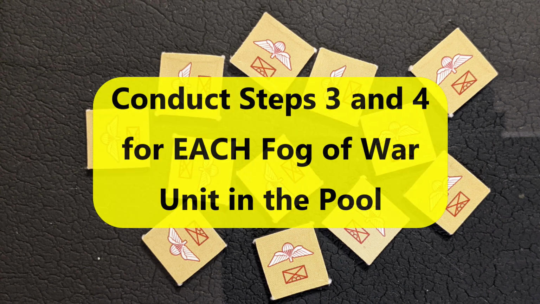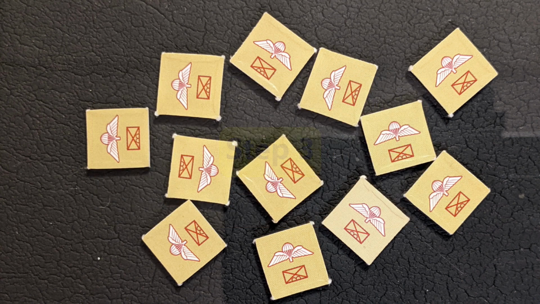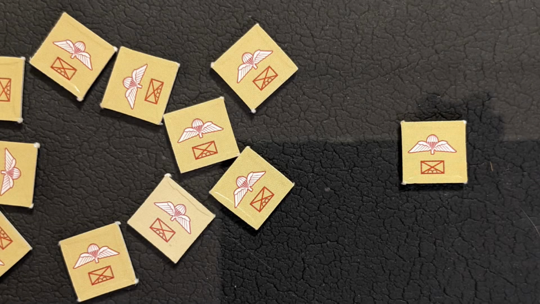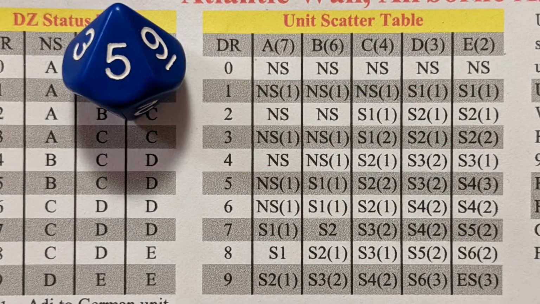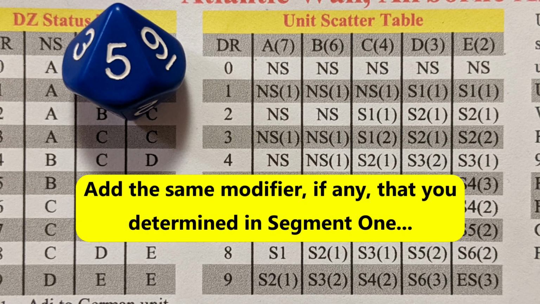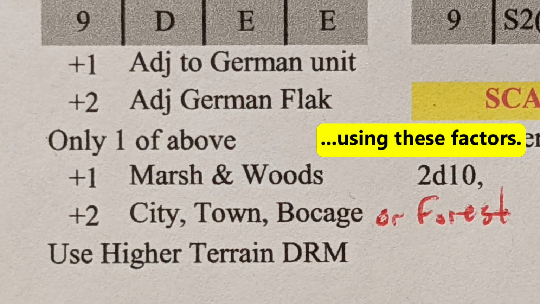Good. Next, you'll conduct steps 3 and 4 of the airborne drop procedure for each fog of war unit in the pool. For step 3, choose a counter at random and set it apart from the others. Then go to the unit scatter table, roll a 1d10, and add the modifier, if any, that you determined for its drop zone using these factors in segment 1.